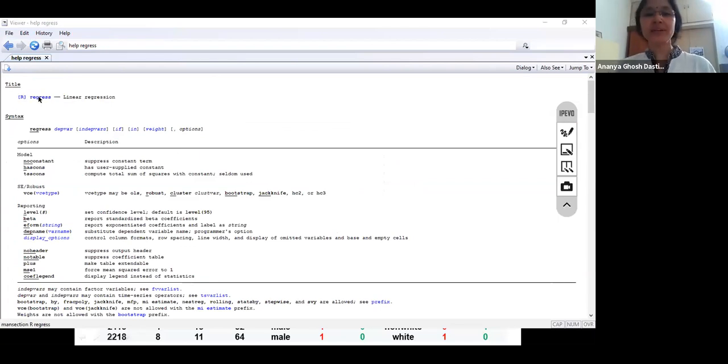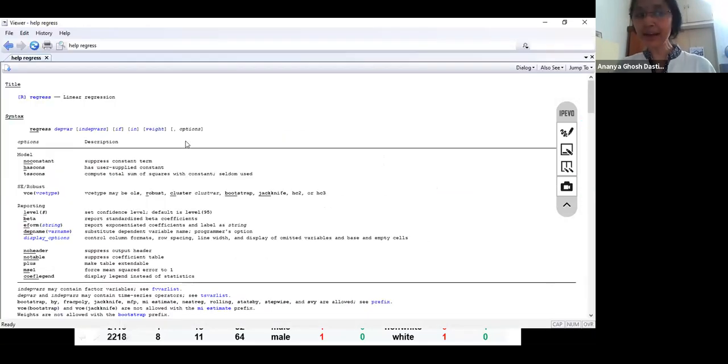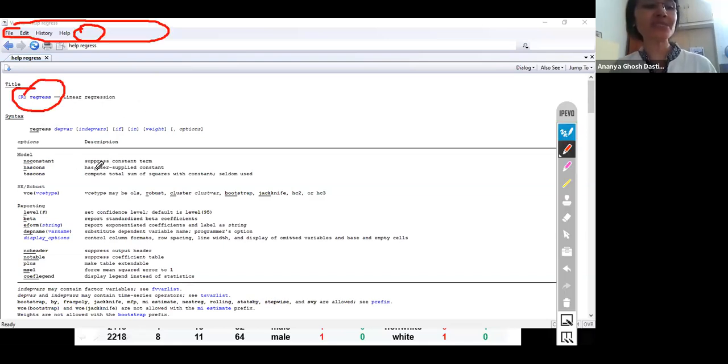So here you go. What did I do? I opened help in Stata, I typed regression, and then I clicked on this first button which came, which is in blue. If you click on anything in blue, Stata will take you to its documentation. And the documentation, believe you me, is excellent.